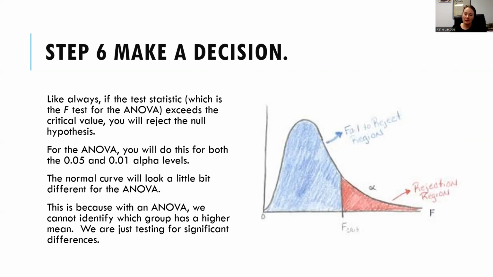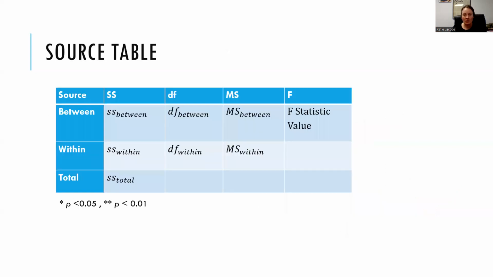So what we'll see is that we'll have our line, and one tail of our normal curve will hit about where the y-axis is, and then it will go only one direction. When we're making our decision and writing results, we'll use a source table with the values that we had previously.